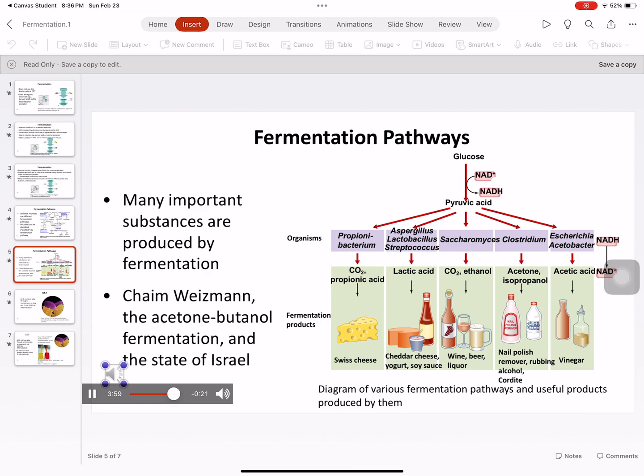And so Weizmann became the first president of Israel, and the price was the use of these acetone butanol fermentation pathways, which Weizmann had patented the best ways to do those. Amazing what microbes can do.